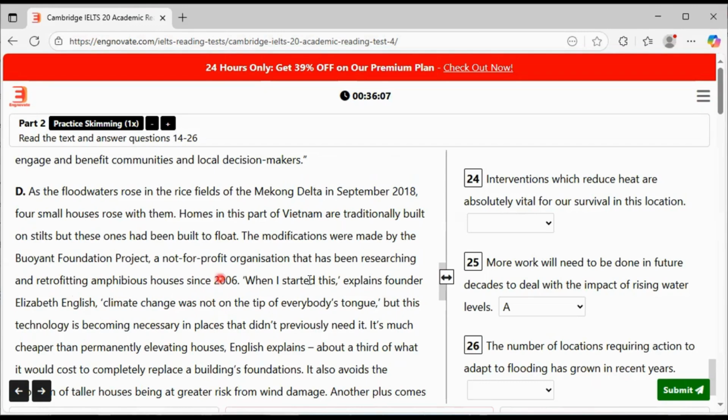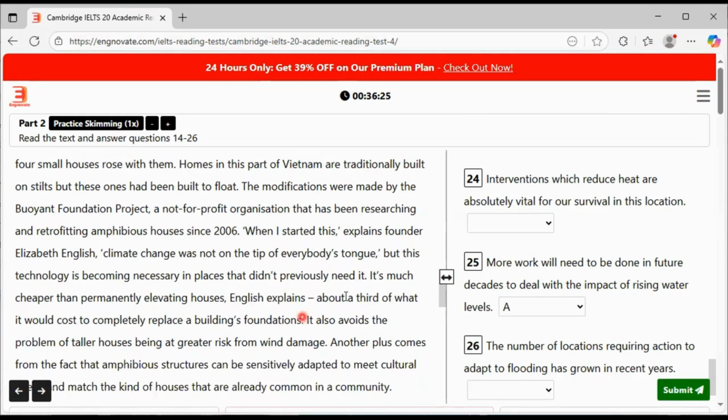When I started this project, explains the founder, climate change was not at the tip of everybody's tongue. But this technology is becoming necessary in places that didn't previously need it. Okay, about a third of what it would cost. This is about the costs.